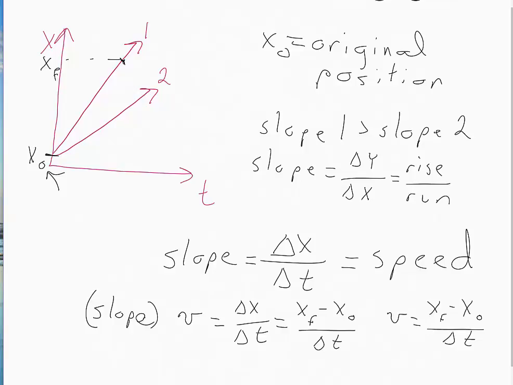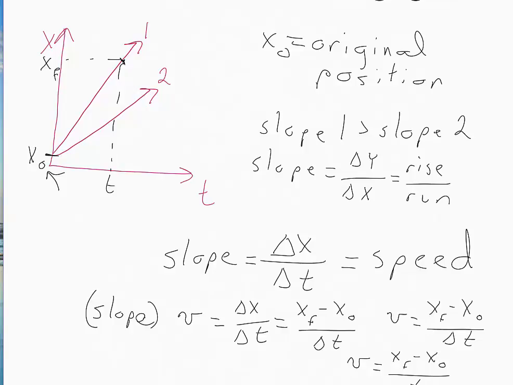If we are starting at t equals 0, then our change in time is really just however long this occurred for. So for this example, it is just simply whatever that t is. So my speed then, I can change this one more time to say that my speed is final position minus initial position over time.